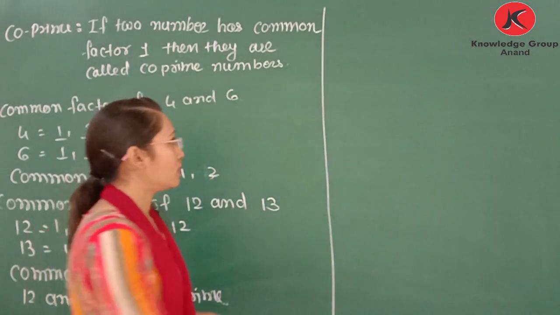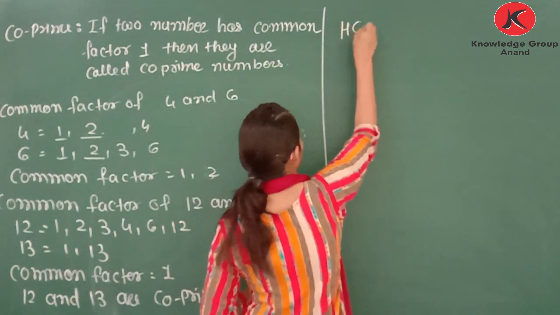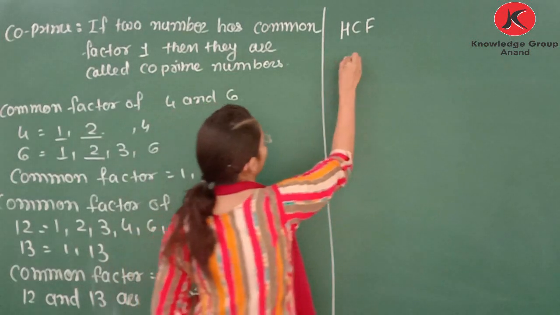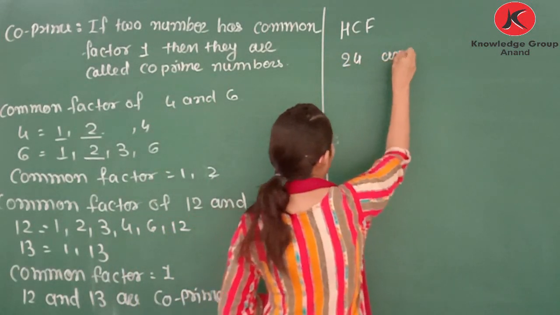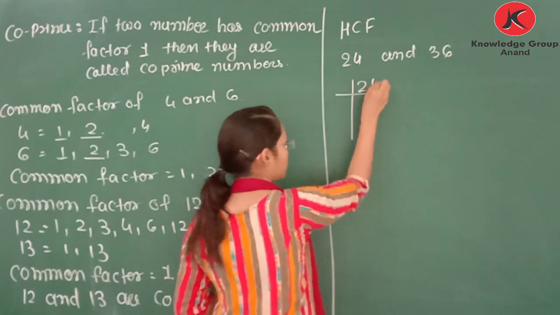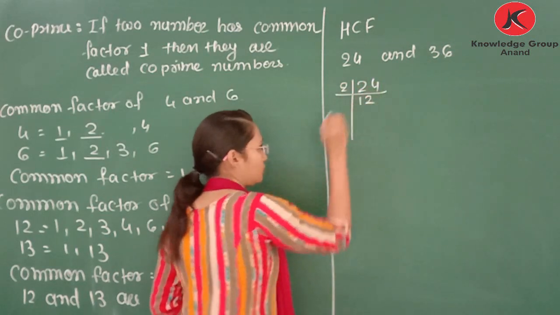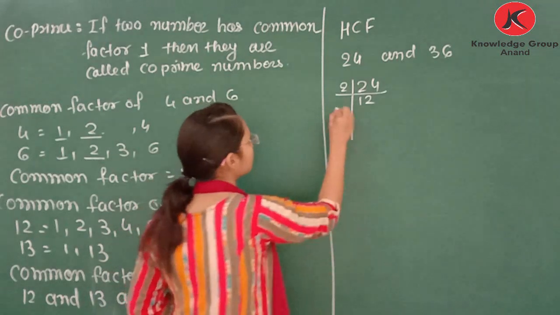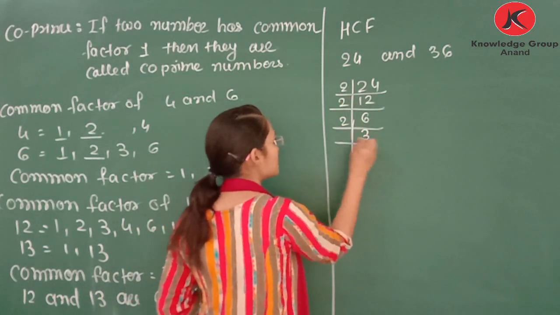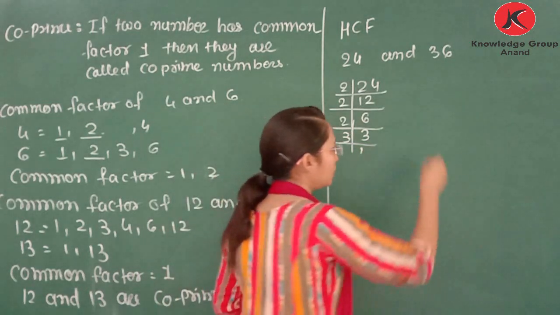Then we learn highest common factor. HCF of numbers, for example we take 24 and 36. To find HCF we need to find the prime factors of 24. 2 twelves are 24, 2 sixes are 12, 2 threes are 6, 3 ones are 3.